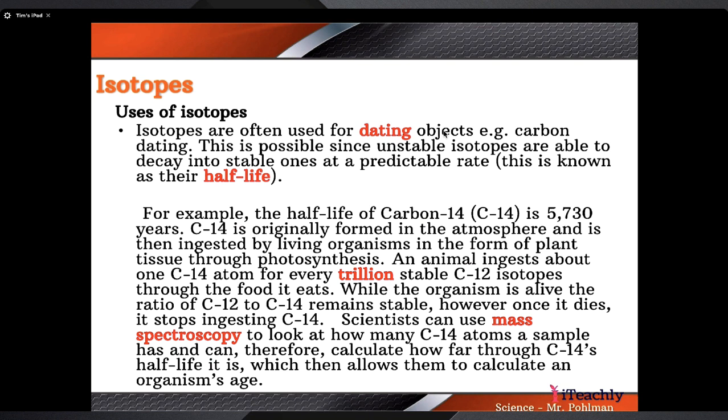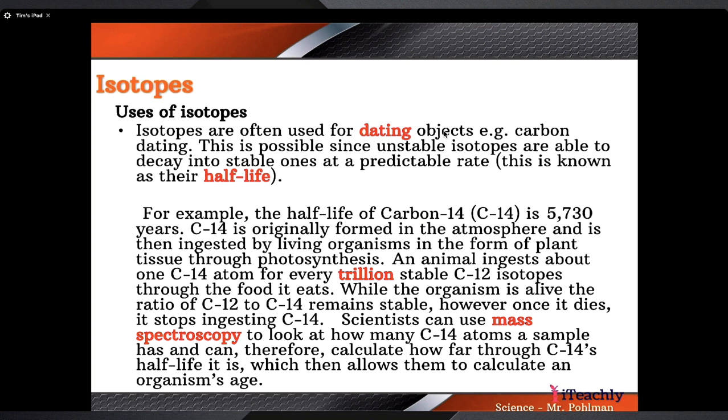Animals eat the plants, right? And as the carbon dioxide is going into the plants themselves, for about every trillion stable carbon-12 isotopes that they're taking in, they're also taking in carbon-14 atoms, those unstable ones.